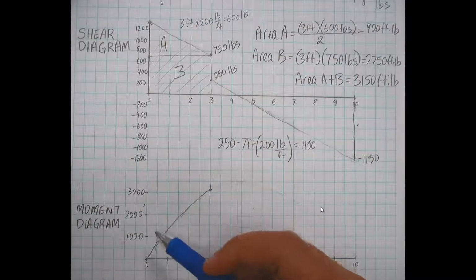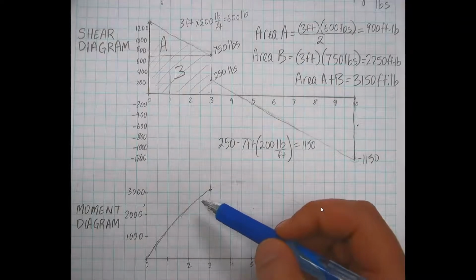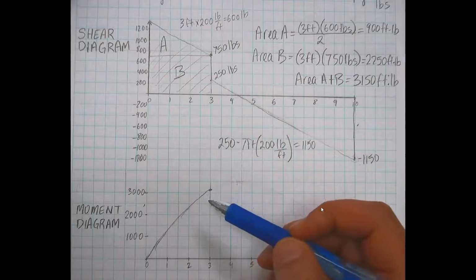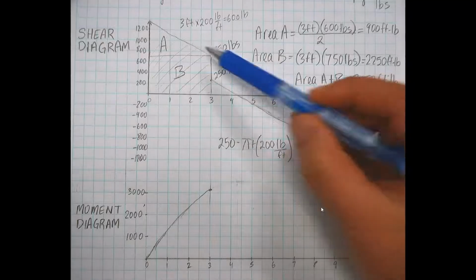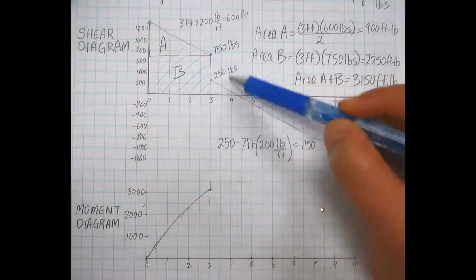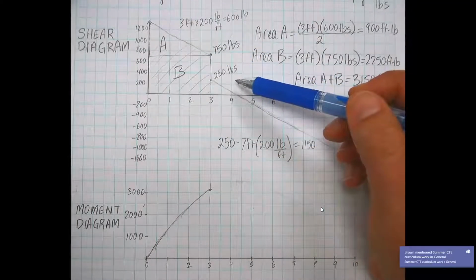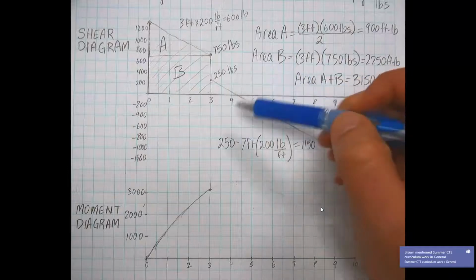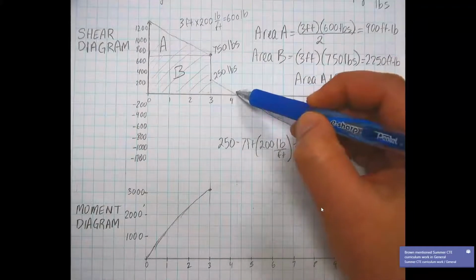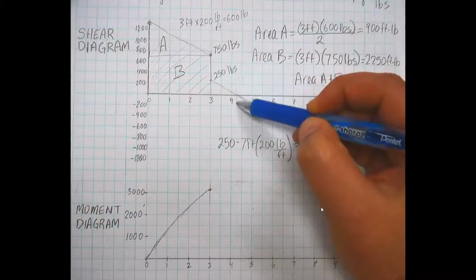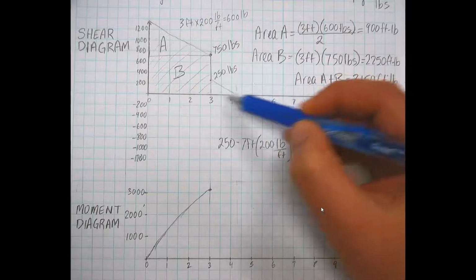So what we're looking for in a moment diagram is the maximum, and we can tell based on our shear diagram that we haven't reached the maximum yet. So the maximum is actually going to be where the shear diagram crosses the 0 line.